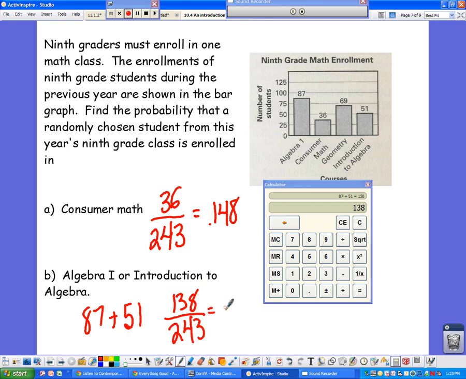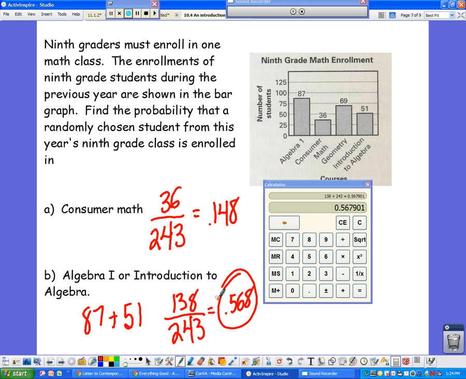So 138 divided by 243 gives me 0.568, and remember, we have to round that. Since it's over a half, that's a high probability that we will pick somebody that's in Algebra 1 or in the Introduction to Algebra class.